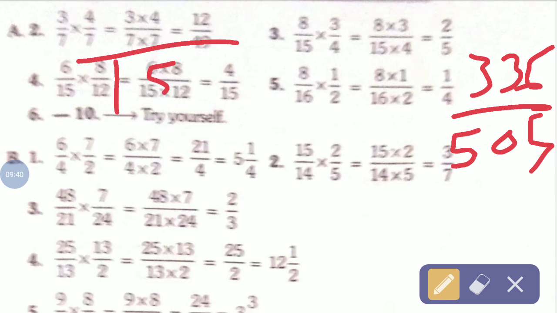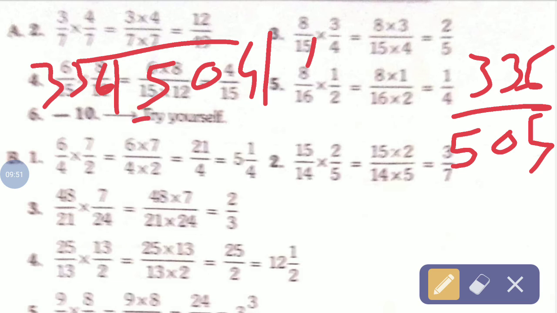So what we will do, as 504 is bigger and 336 is smaller, ones are 336.